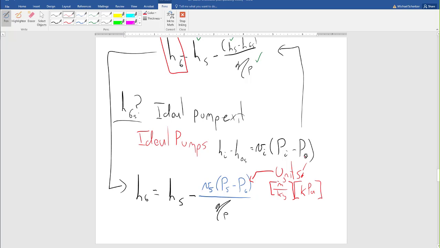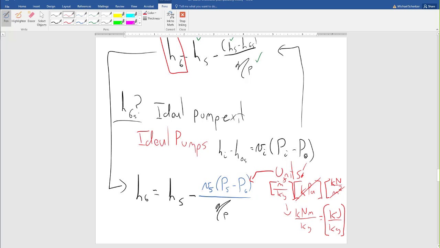Because kilopascals is the same as kilonewtons per meter squared, right? And this is going to be kilonewton meters per kilogram, which is kilojoules per kilogram.